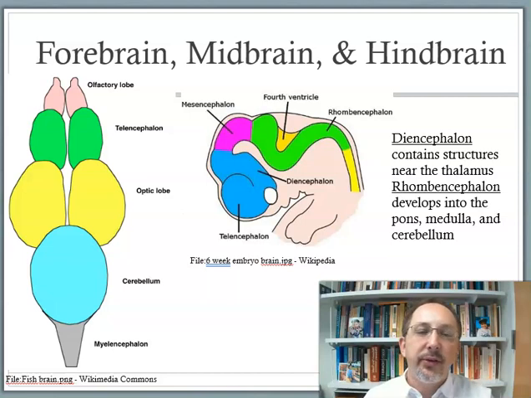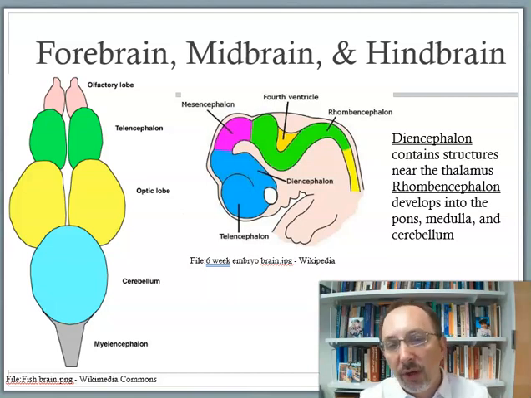So you're looking at this and you're saying, okay, you've basically got in a 6-week embryo brain, not terribly different in terms of spacing it out from these very simple kinds of creatures. And you also have a tail at this point too. So you're looking at this really interesting kind of evolutionary holdover in terms of how the brain is organized.